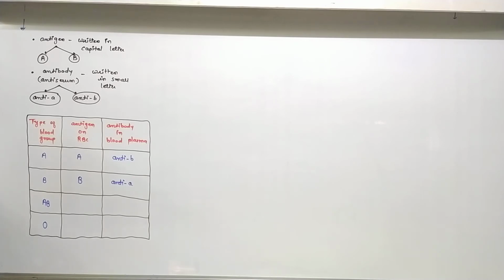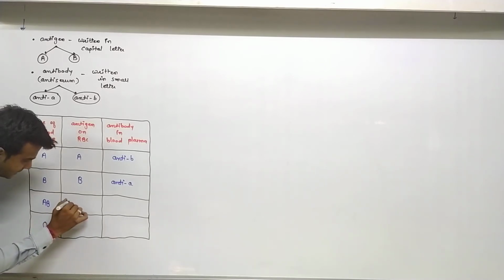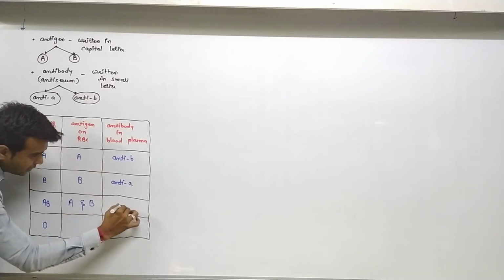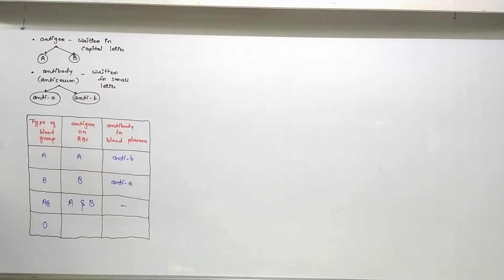AB blood group person possesses both the antigens, but no antibodies. Antigen A and antigen B both are present on RBC, but no antibody present in blood plasma.